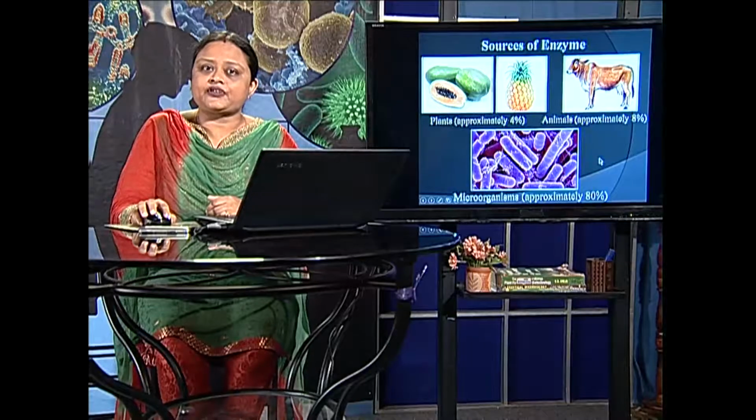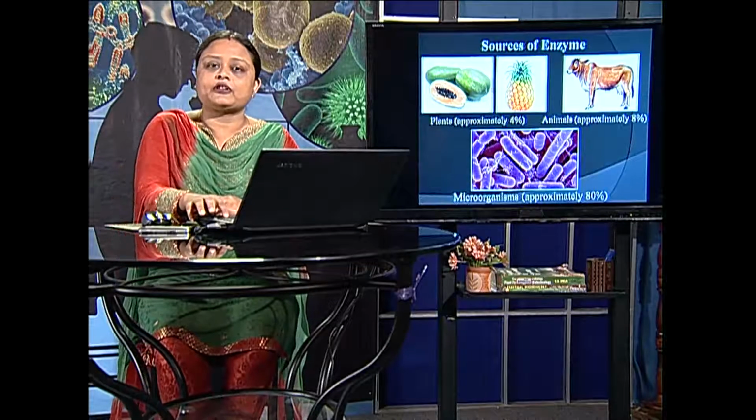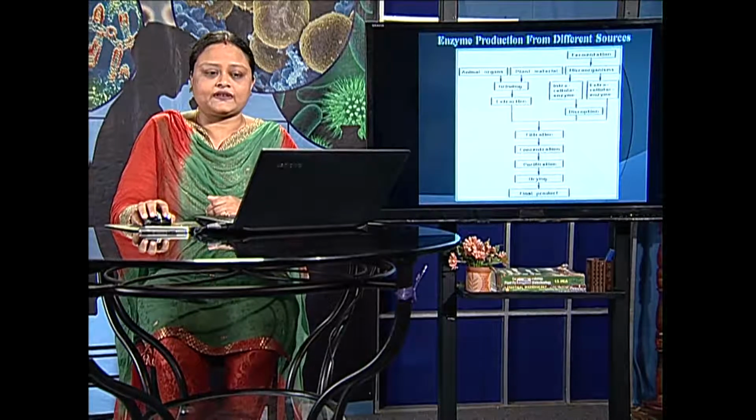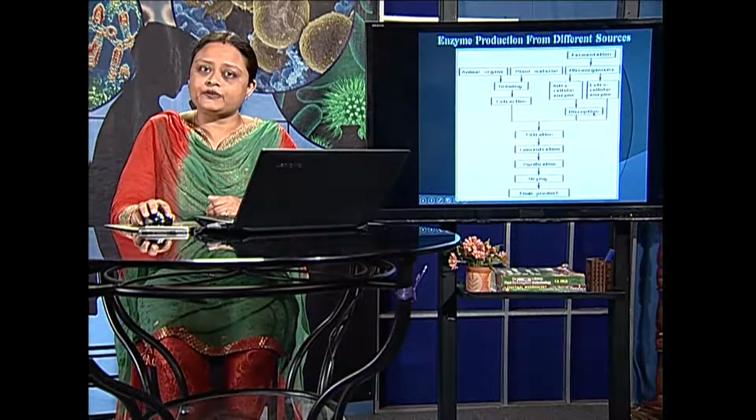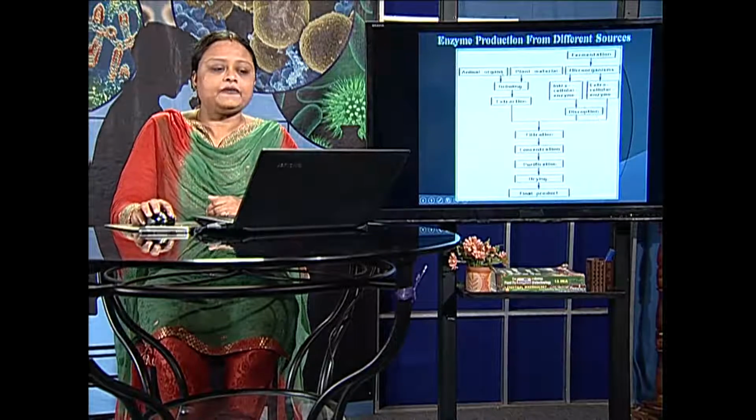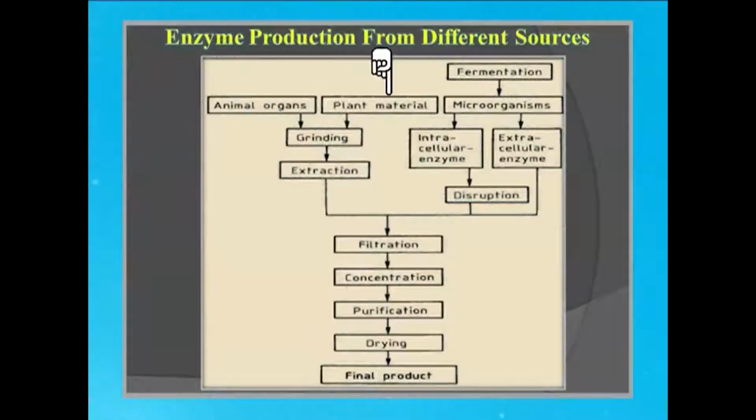There are limitations of deriving enzymes from plants and animal sources, and we can see here how we can actually produce such enzymes from different sources. If we use animal or plant material, we'll go for a grinding step, then the extraction of the enzyme from that source.